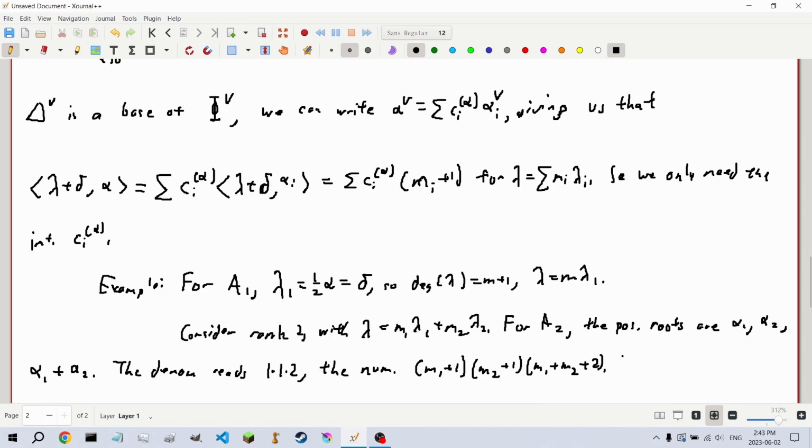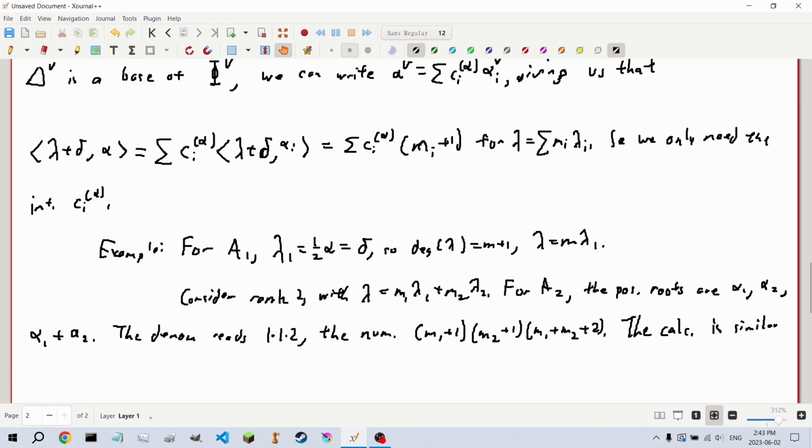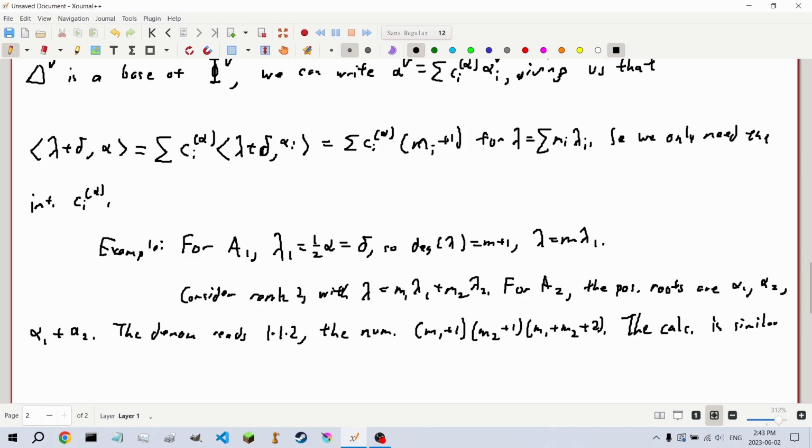The calculation is similar for B2 and G2. So take alpha 2 to be short for B2 and alpha 1 short for G2 to keep things consistent.